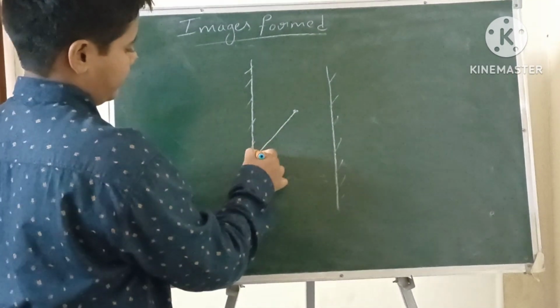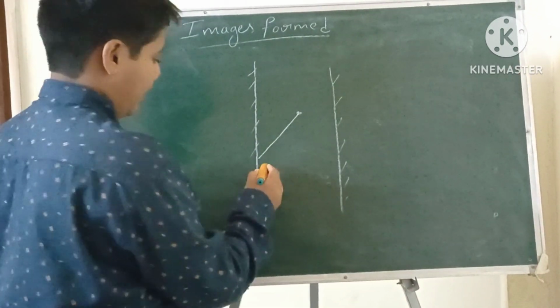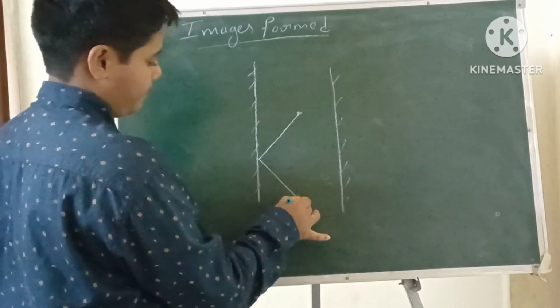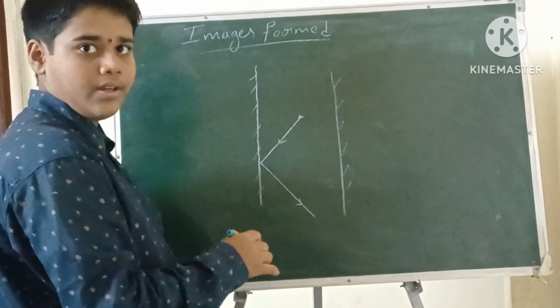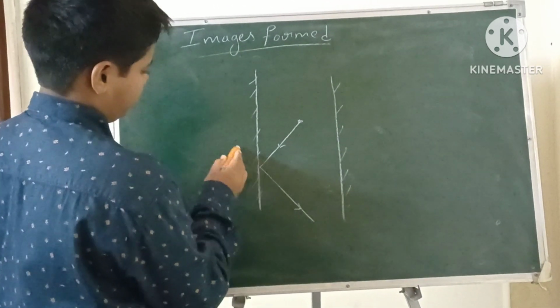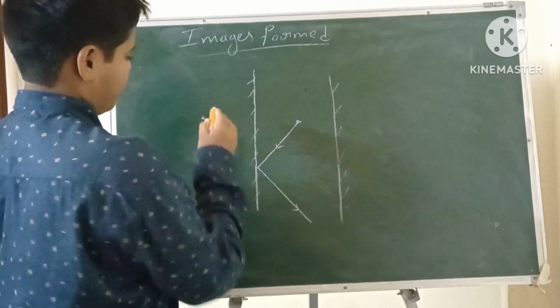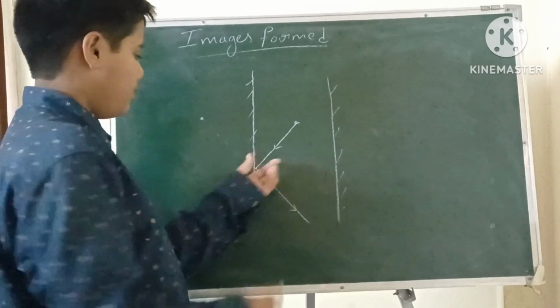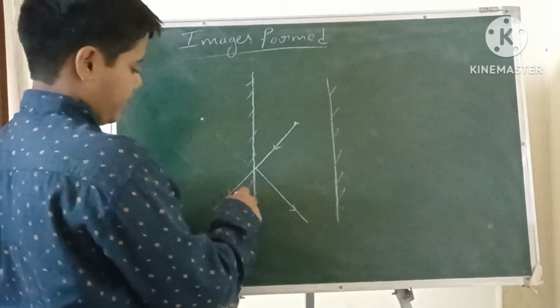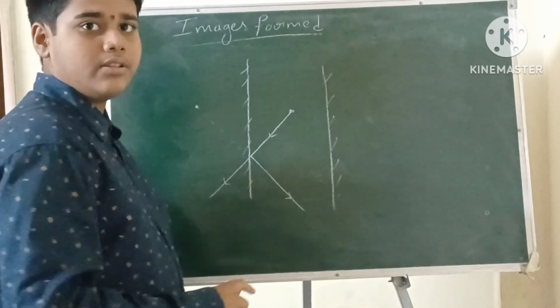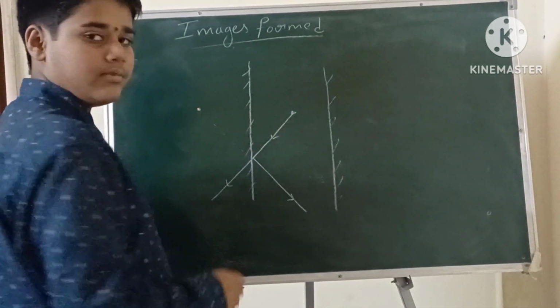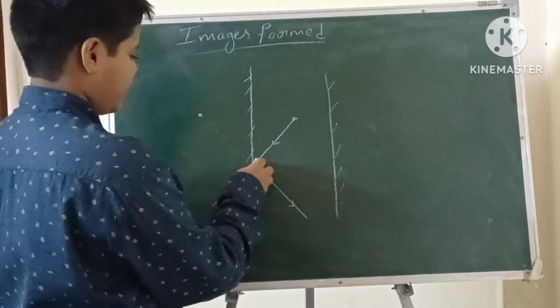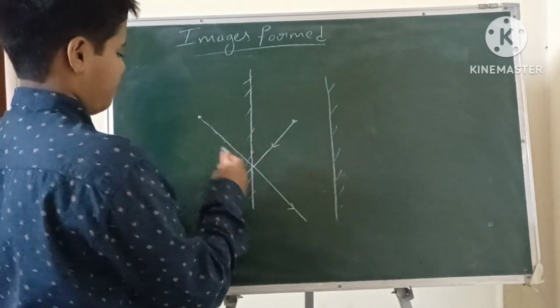When the incident ray comes like this and this is the reflected ray, we have to take it like this. This is the image formed, because when the reflected ray is extended, it is not the incident ray, so we should not take it as the image. So this is the image formed.